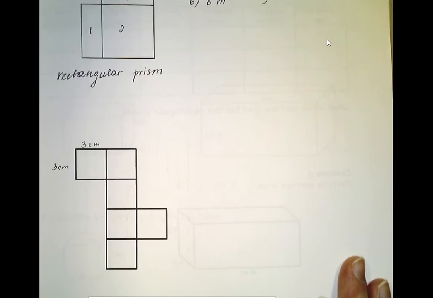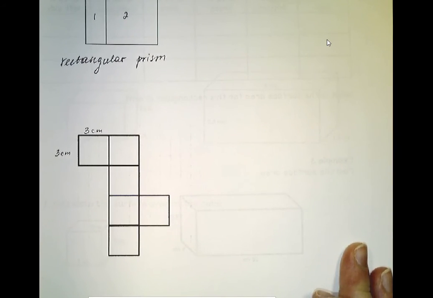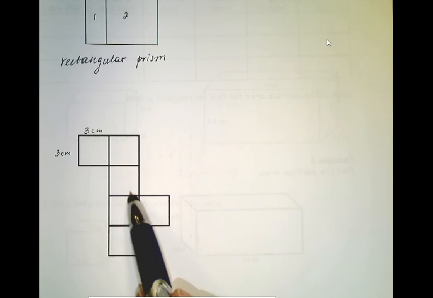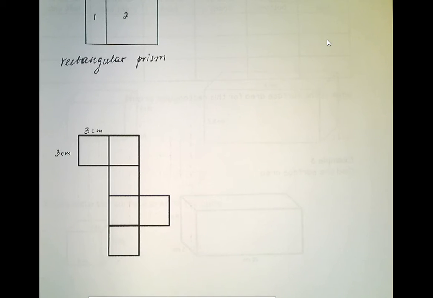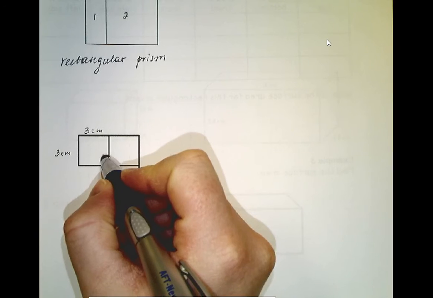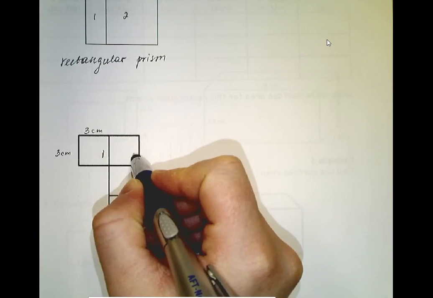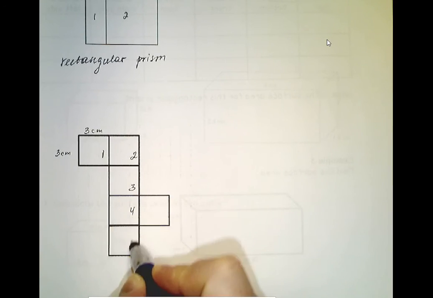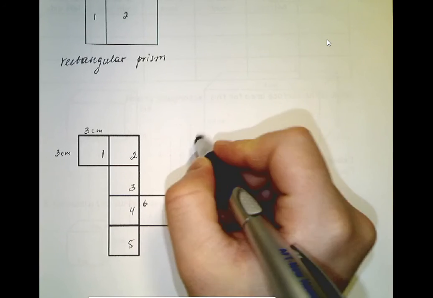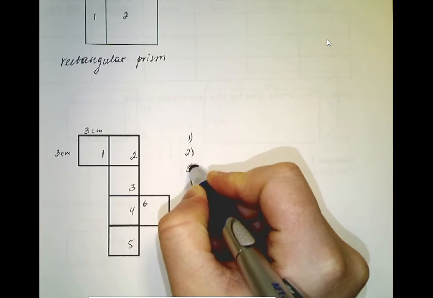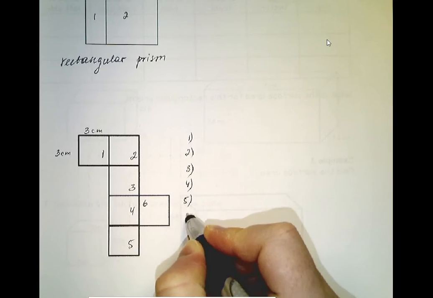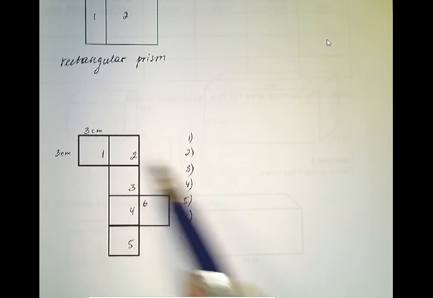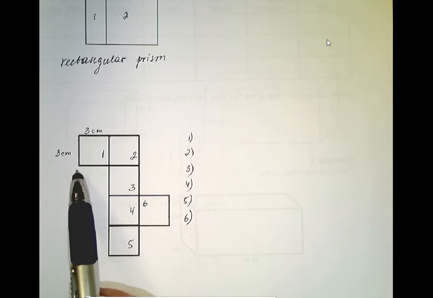Here we have a rectangular prism as well, and this rectangular prism is made out of squares. Again, we have 6 sides, so I can label them 1, 2, 3, 4, 5, and 6. Each rectangle is 3 by 3.